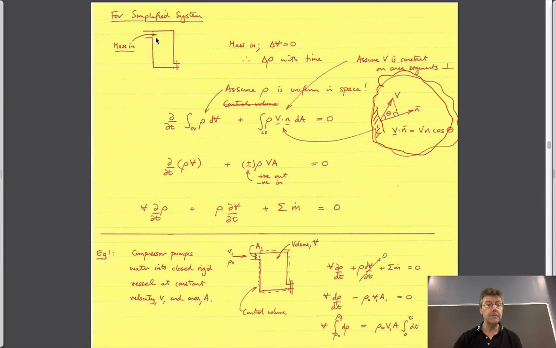One where you're pushing a gas into a closed container and looking at how, in this case, presumably if it's constant volume, the density must go up and not be 0, whereas the volume change with time would be 0.